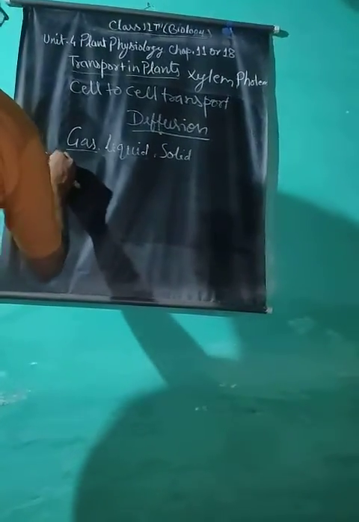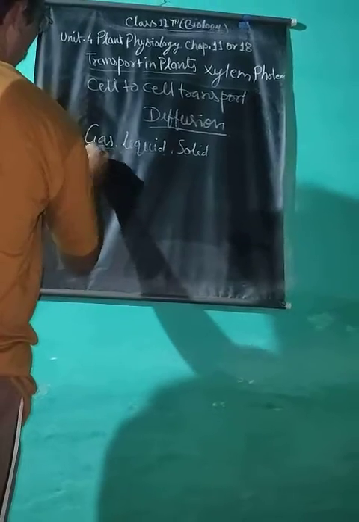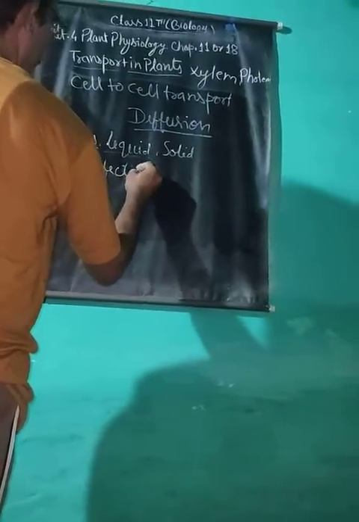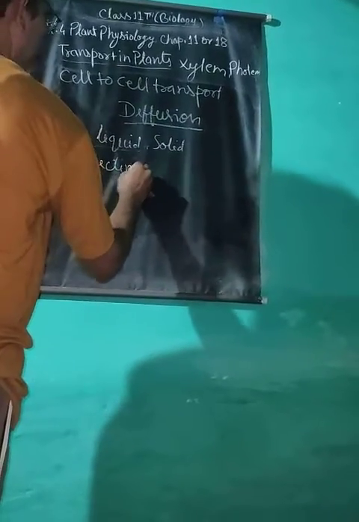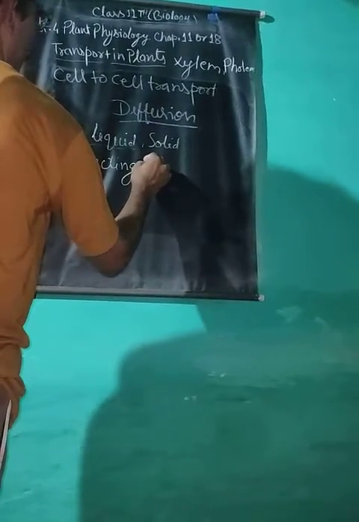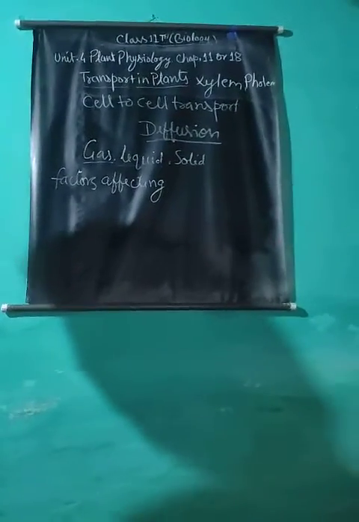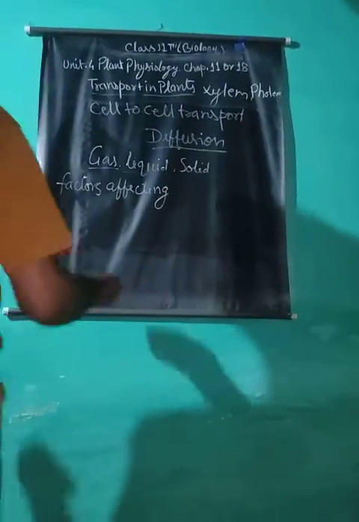Factors affecting diffusion. There are some external and internal factors which affect the rate of diffusion. Important factors are the density of the diffusing substance.